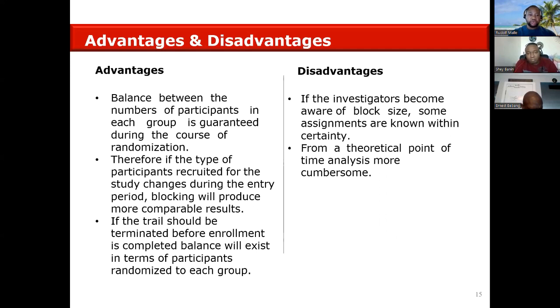Blocking will produce more compatible results, because you don't want to have different subjects enrolling at different times into the study. But this actually provides an opportunity where the sponsor will be able to evaluate the sites and the number of patients and the type of patients that are being enrolled into the study.